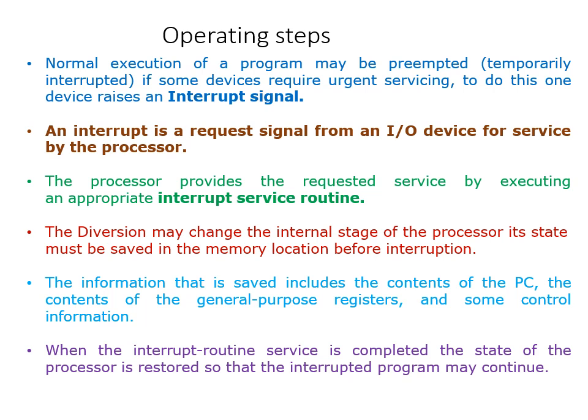While this diversion takes place, the internal state of the processor must be saved in memory before the interruption, to preserve the current instruction being executed. The information that is saved includes the content of the program counter, the content of general purpose registers, and some control information. When the interrupt service routine is completed, the state of the processor is restored and the execution of the program continues.